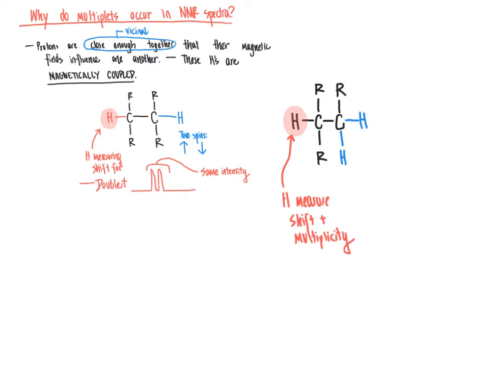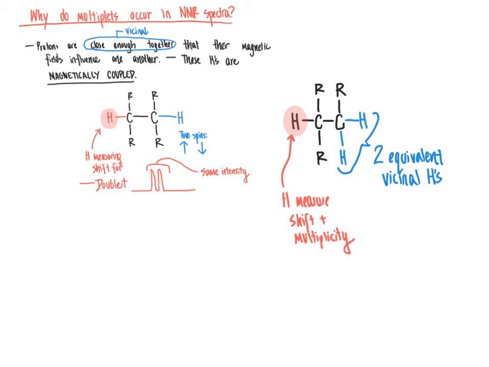In other words, how electron donating and withdrawing are these R groups that are surrounding it. And then the multiplicity is determined by how many vicinal hydrogens there are. So in this case, we have 2 vicinal hydrogens. And we are going to assume that these are 2 equivalent vicinal hydrogens, meaning that these 2 hydrogens are in the exact same chemical environment.